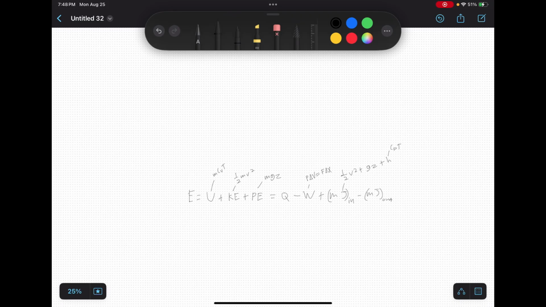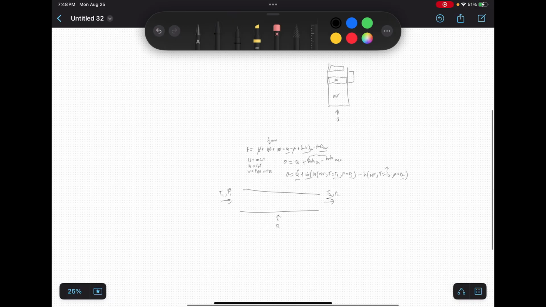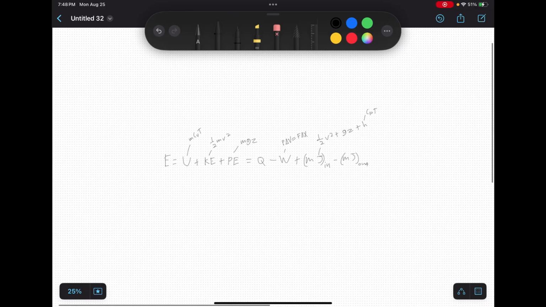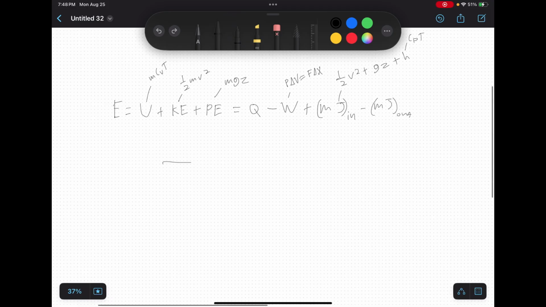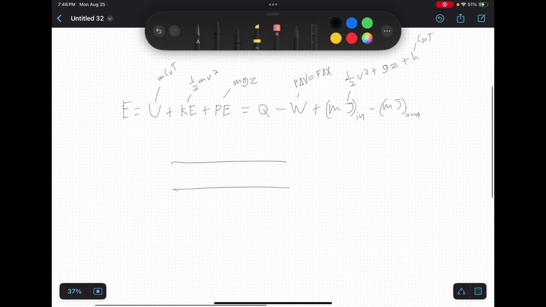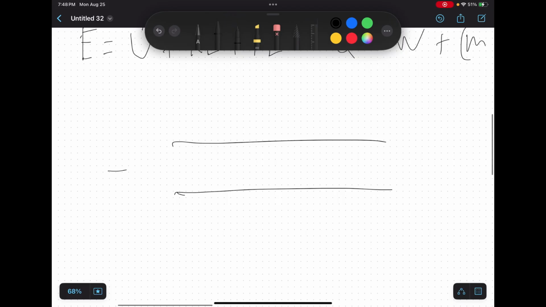So, yes, the pipe one. Let's say you have a pipe. That's a freaking long pipe. Let's say there's air coming in one side and leaving the other side.